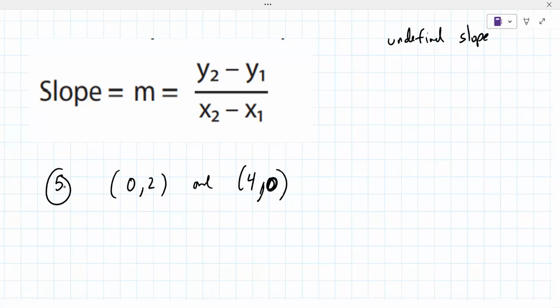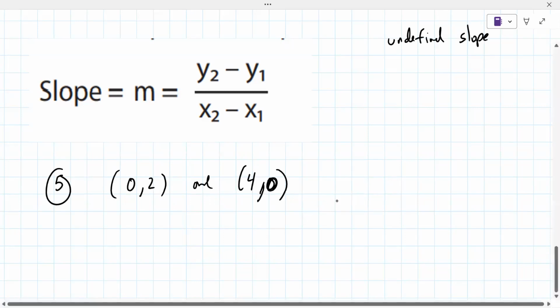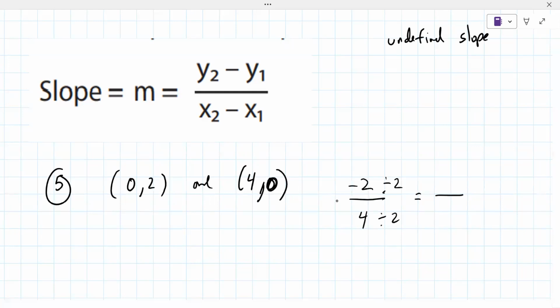Let me know if you have any questions. 0 minus 2 is -2, right? That's right. Okay, just making sure. So -2 over 4. Would I simplify that by dividing by 2? Yes. You divide both of them by 2. You're dividing the top and bottom by the same number.